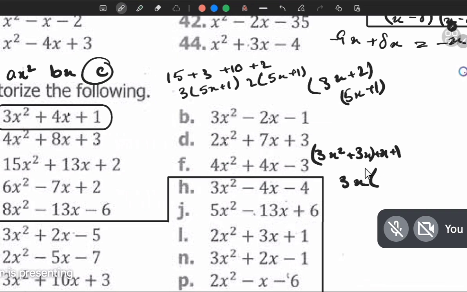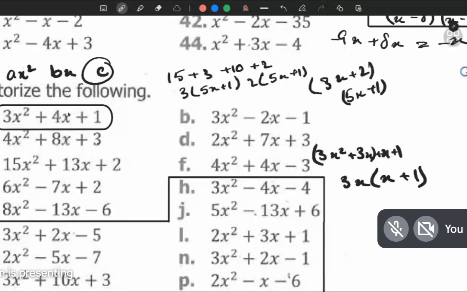So we're left with x here and 1 here, right? Since we took common 3x. ठीक है? Does that make sense?